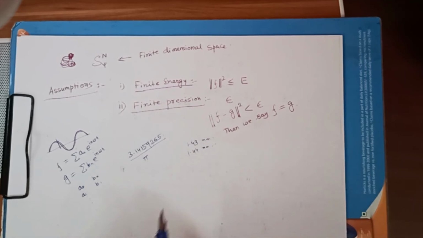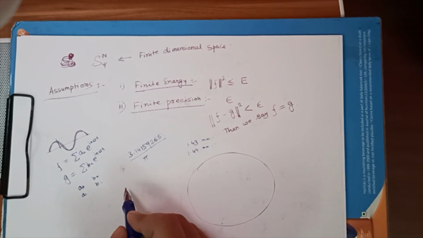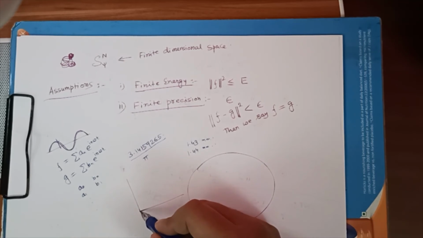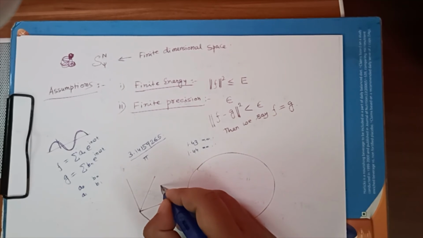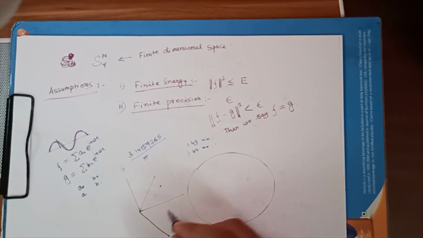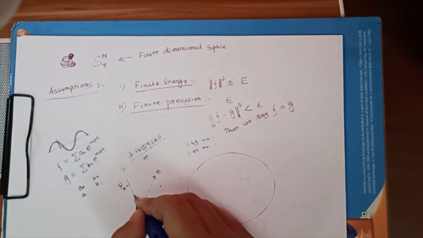Okay, so in that vector space, we can draw it now. This is a finite dimensional vector space, so I can draw it in this way as well. So f is a vector. The bases are basically psi 0, psi 1, psi 2, up to psi n minus 1, like that.